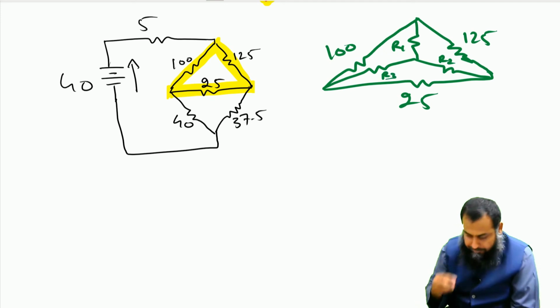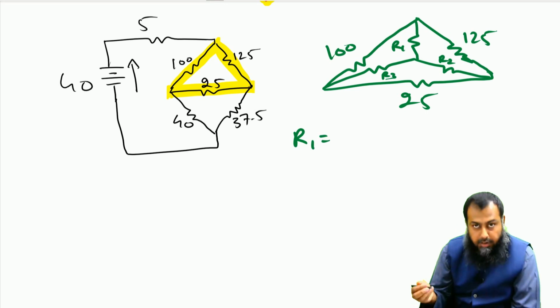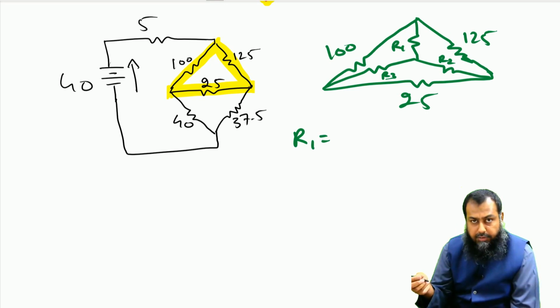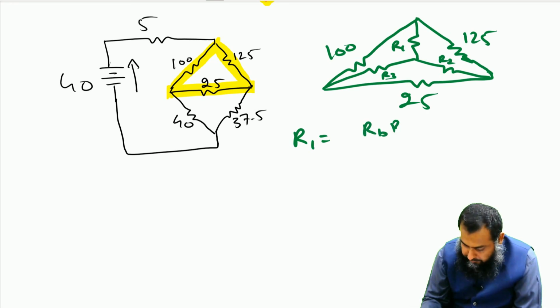and this is R3. So, R1 we calculated and we derived the expression for R1 to be equal to RB RC divided by RA plus RB plus RC.